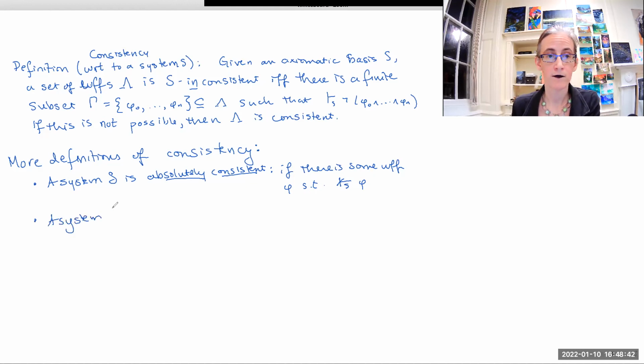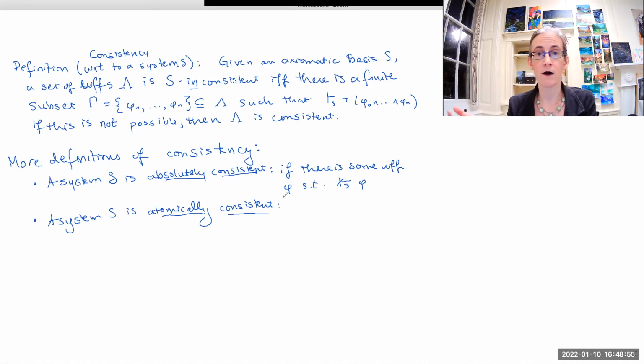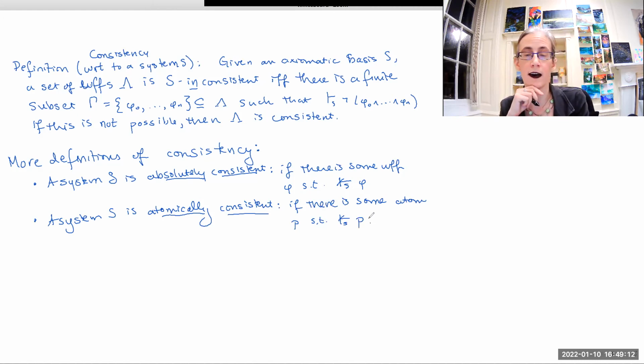Another notion is a notion of atomically consistent. This is a special type of absolute consistency, or a related notion. If we know that there is some formula that it cannot prove, then it's absolutely consistent. Atomically consistent is if there is some atom, call it P, such that this system does not prove the atom.